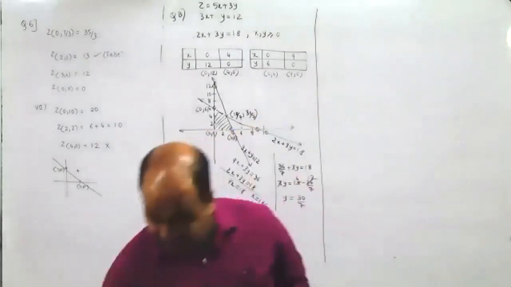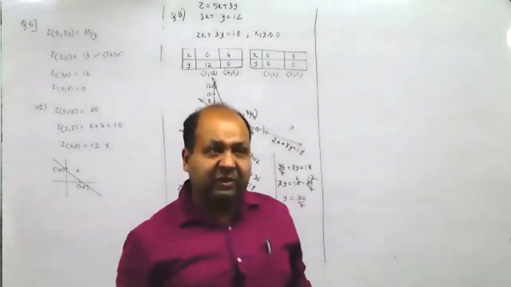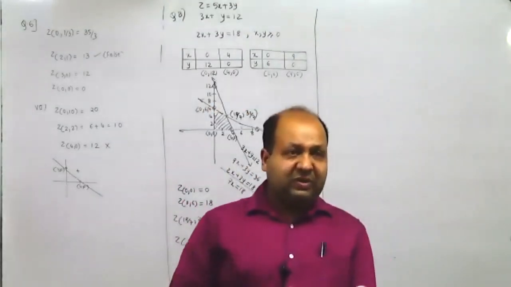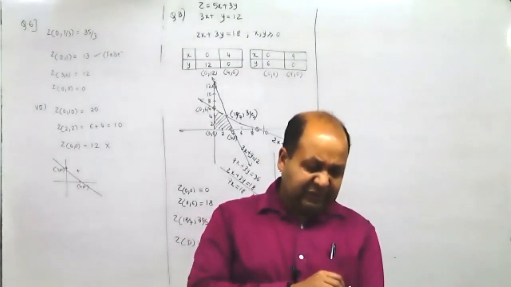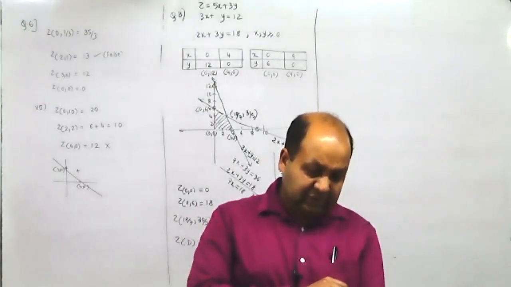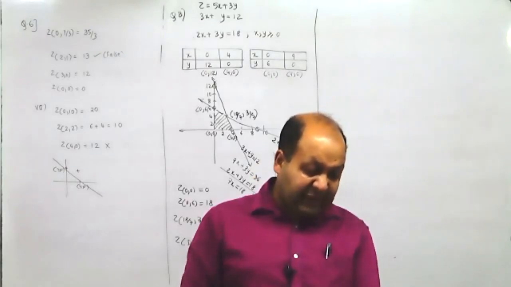Second one, wait, just one sec. Objective function is a relationship between decision variables. Yes, it is a relation actually. Objective function. Yeah, Miscellaneous Exercise 6, question number 1, the third part.